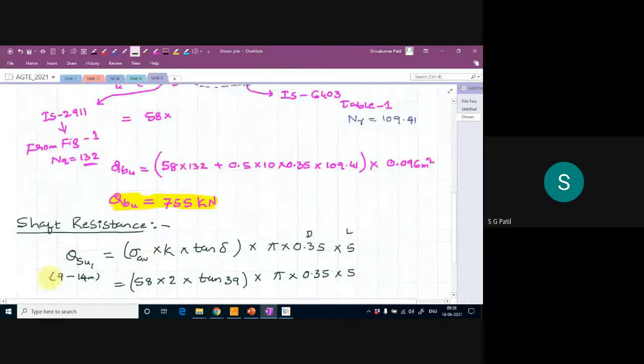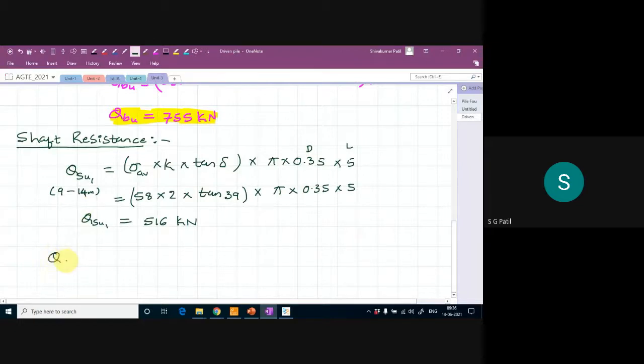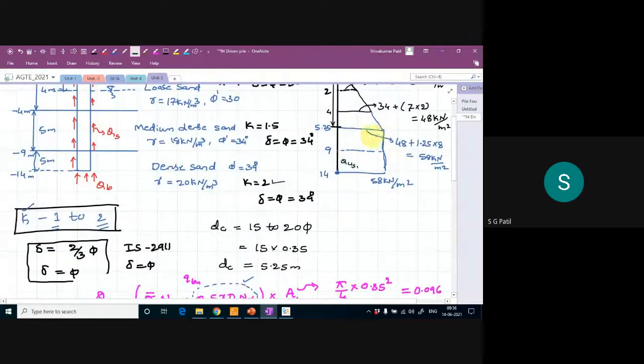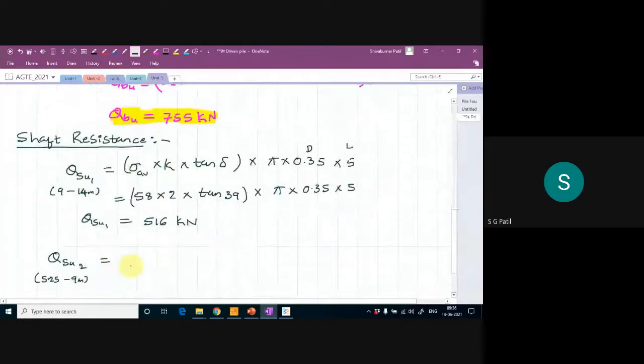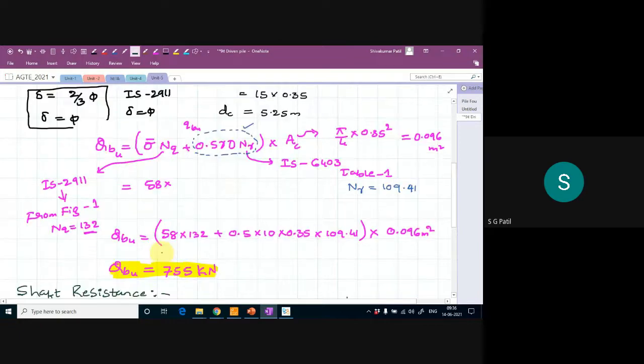Next I will calculate the shaft resistance between 5.25 and 9 meter. I will call it QSU2. Calculate the same thing, because sigma average is the same here, since it is uniformly distributed. So take 58 into k. What is the k value for the second layer?